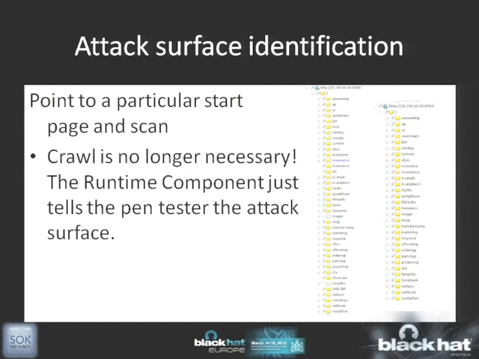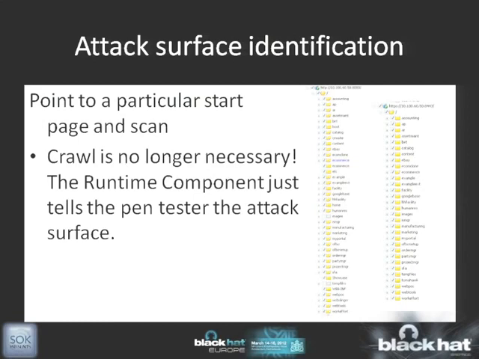3.5 times more directories and files that are accessible for the pen tester now, and that the pen tester can try to figure out if they are appropriately protected against all vulnerabilities. And in essence, there's no longer a need for a crawl, because with that component, you can simply cheat and tell the pen tester where to find what kind of files.